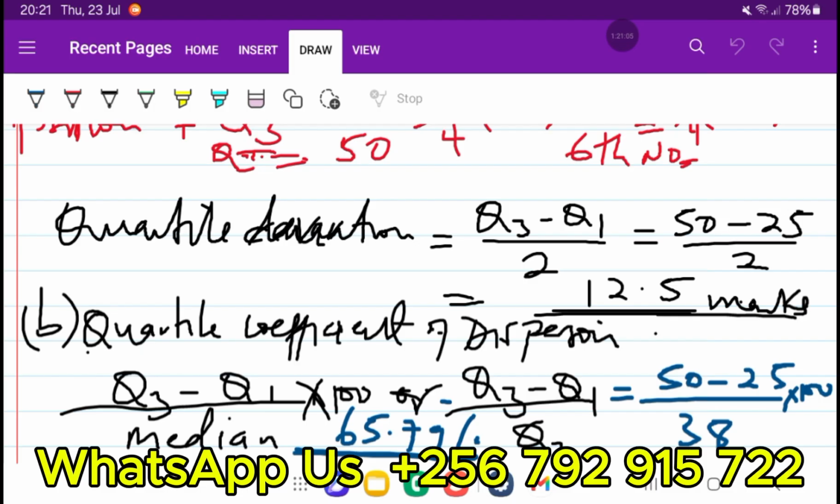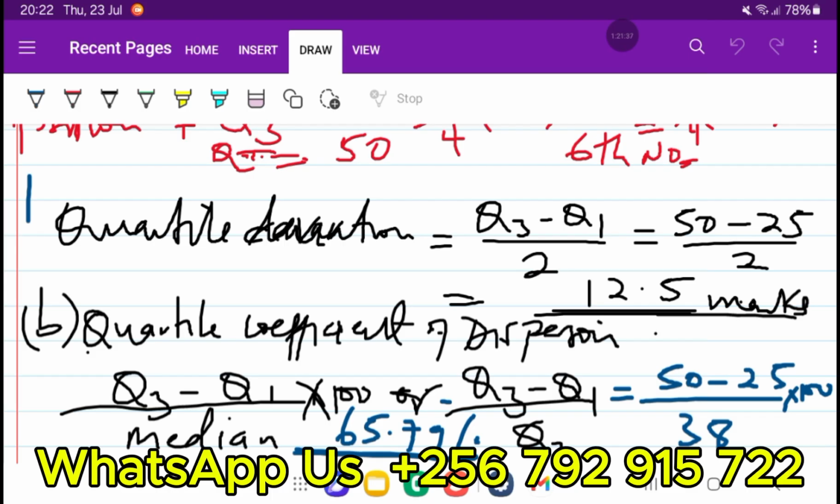You can also compute that. Now, how are you going to interpret the data set if they tell you to interpret the data? The implication is that you look at the first quartile, because we got the first quartile, the Q1, as 25.